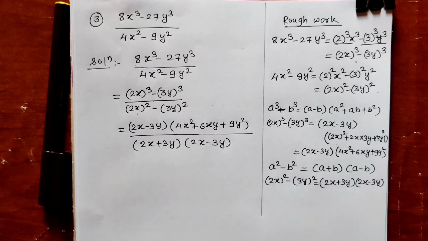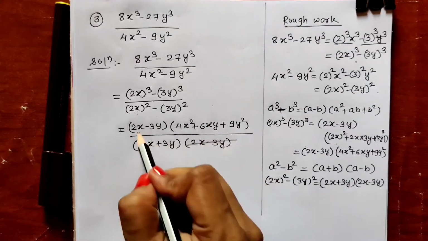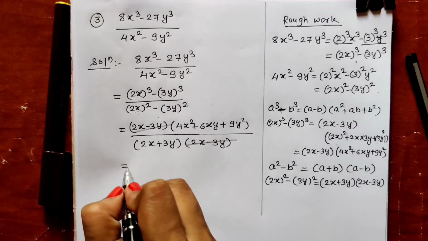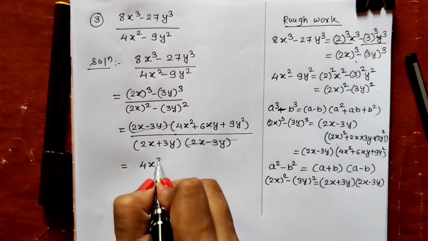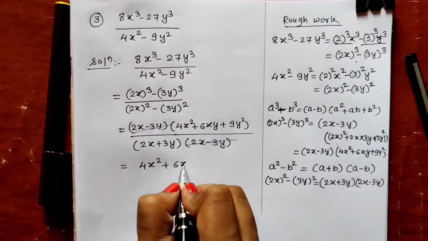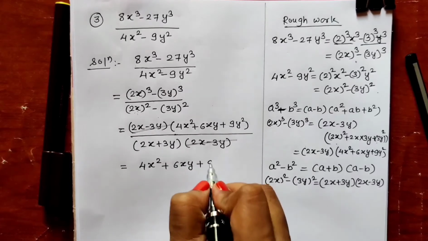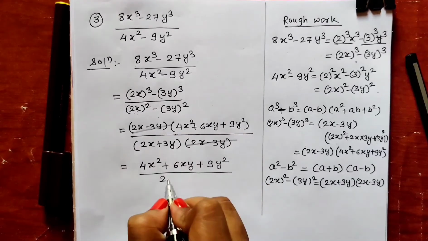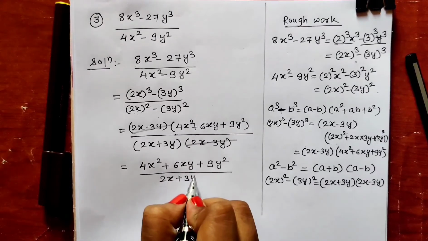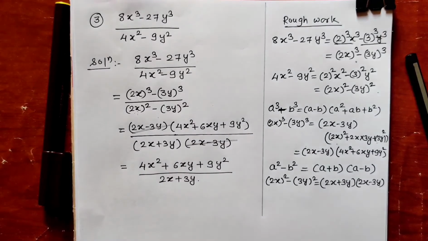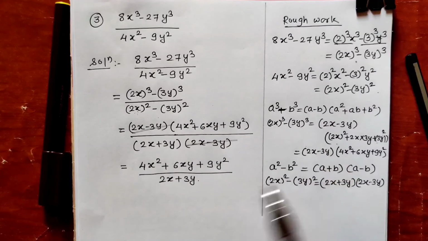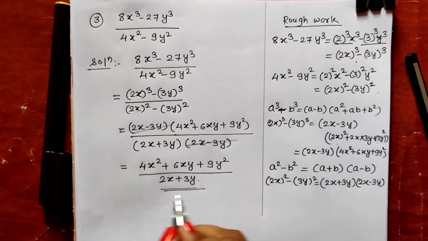So 2x minus 3y, 2x minus 3y cancelled. We get 4x square plus 6xy plus 9y square upon 2x plus 3y. Okay, so in this way you will have to check which formula can be applied, how to factorize and get the answer. So this is the answer of our sum.